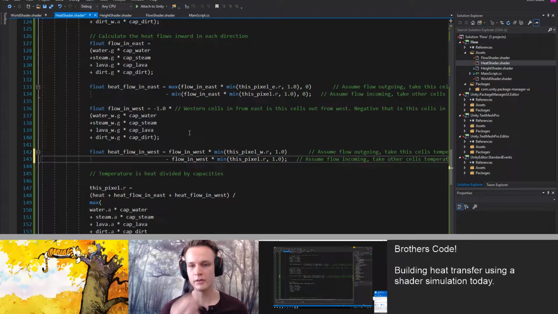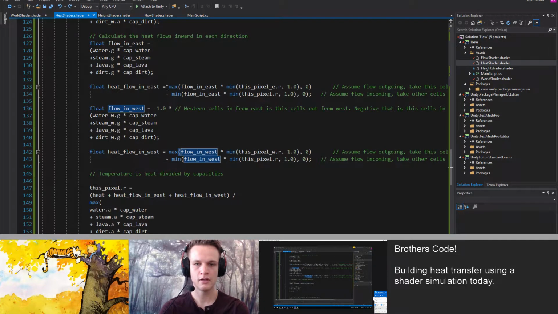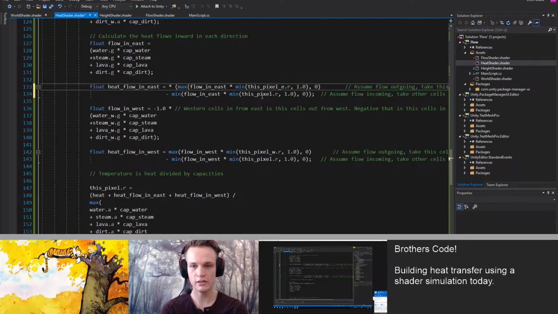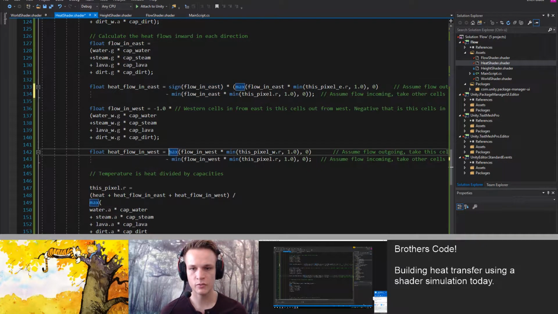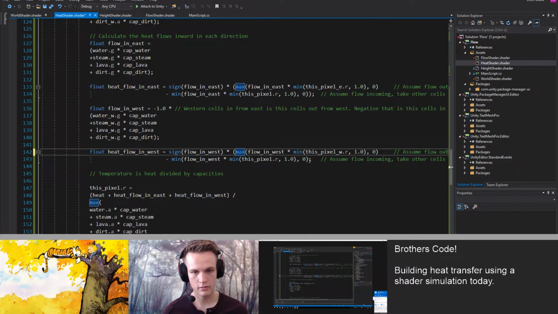Go back up to heat flow in east, and put that whole expression in parentheses, and then before it, do times sign of flow in east times that. So sign will just be -1 or 1, depending on if it's positive or negative. Okay. And then you need parentheses on the bottom one as well. Yes.